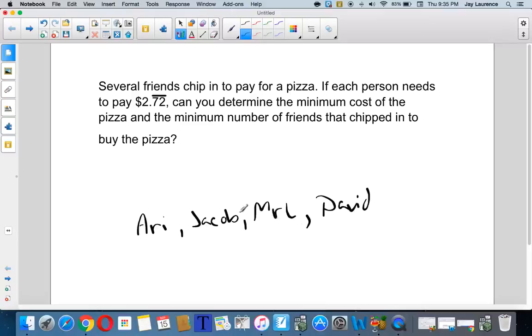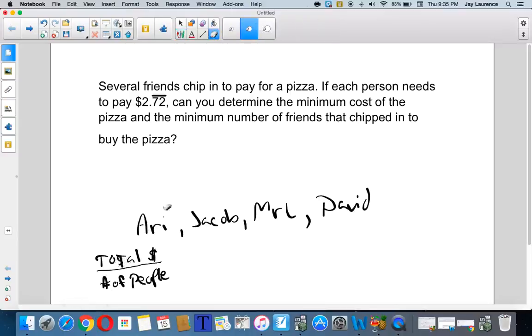If we wanted to figure out how much each person had to pay, we would find the total cost of the pizza, the total money, and then divide it by the number of people chipping in to pay for it. So if it was a $25 pizza, we would divide it by 4 in this case, and that's how we do it. Remember this: total money over number of people. Now I'm going to erase this and just remember that: total money divided by the number of people.